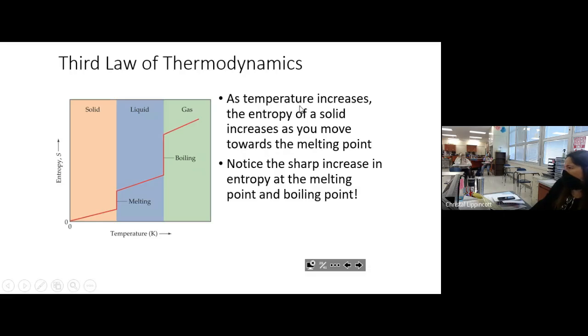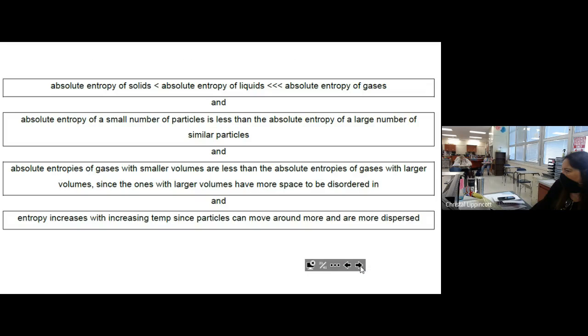So like I said, as temperature increases, the entropy is going to increase as you move towards the melting point, and then a sharp increase at that melting point, and then an even sharper one here as we get rid of all of our intermolecular forces. Okay? So the absolute entropy of solids is less than that of liquids, less than that of gases, and a lot less.